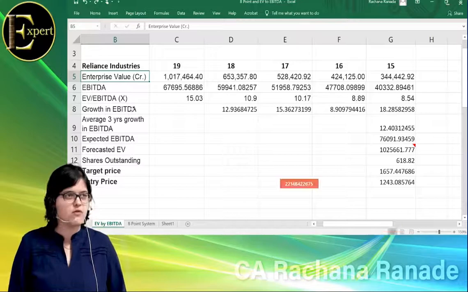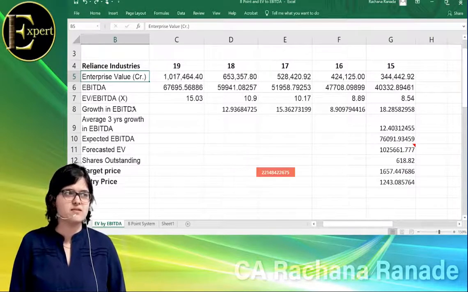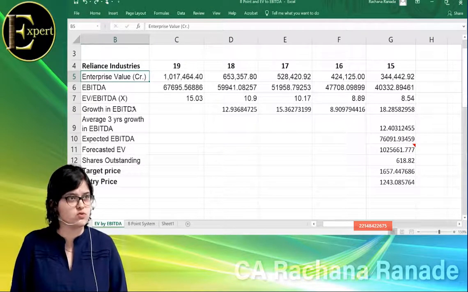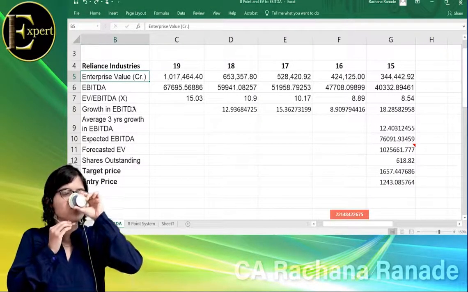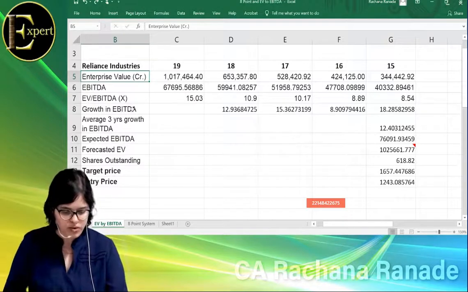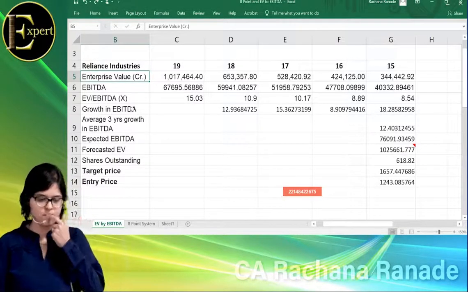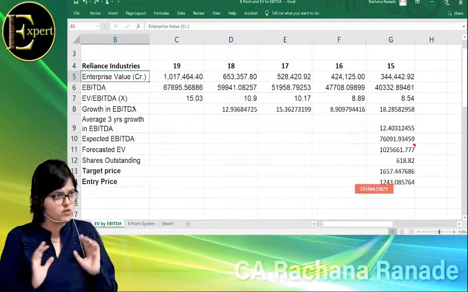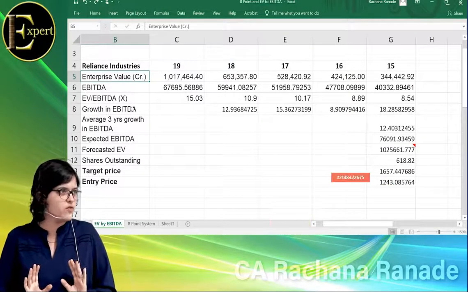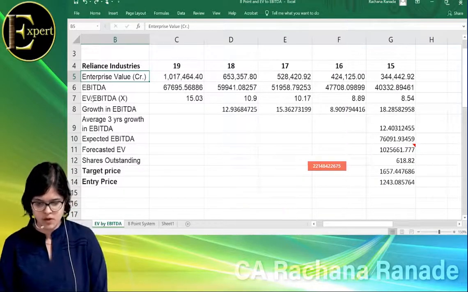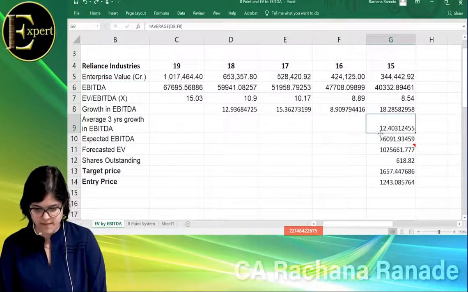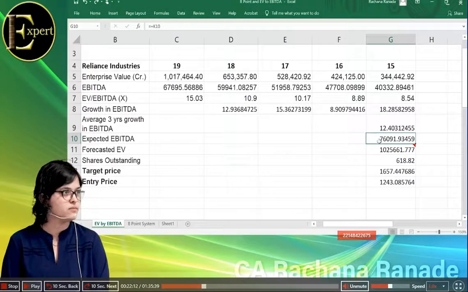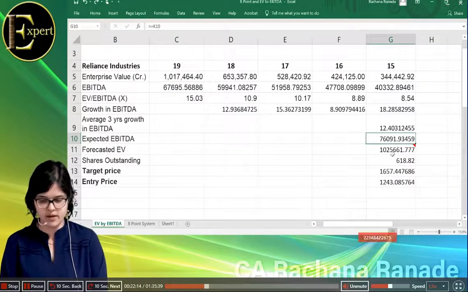For past how many years did I say? Past 3 years. But I told you that there are many authors who feel past 3 years, some feel past 5 years also. And in our entire discussion, have we taken an aggressive view or a conservative view? A little bit conservative view we have taken in our calculation. Okay, this is the average growth rate in EBITDA. Now the next step is what? Expected EBITDA. Correct? Next step is calculate expected EBITDA.